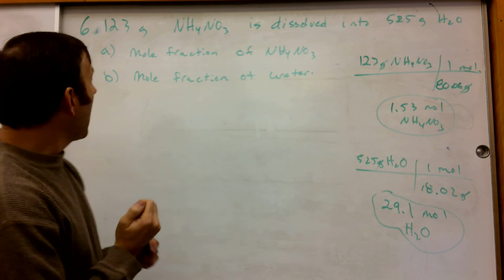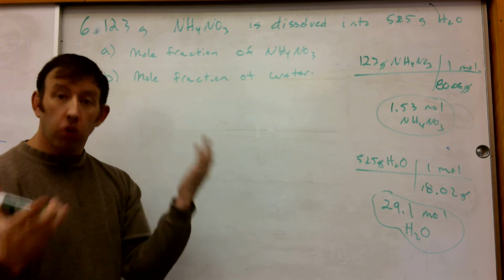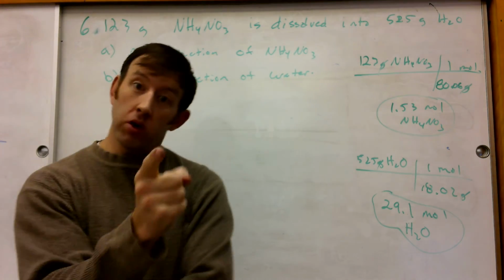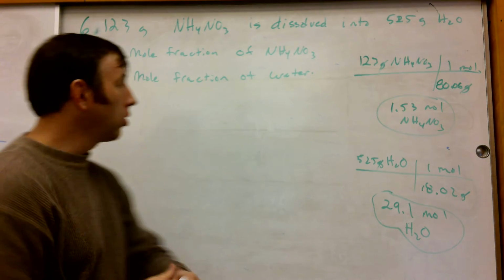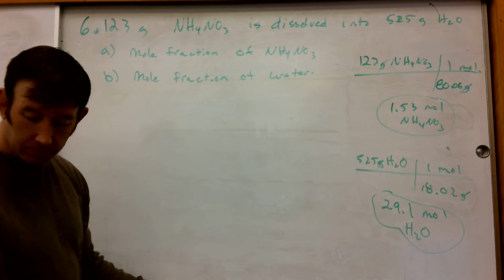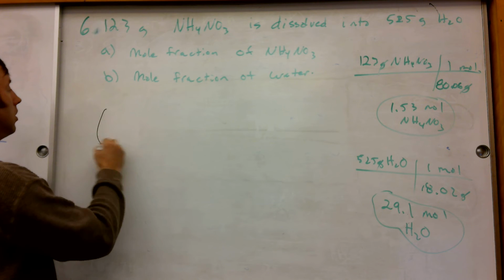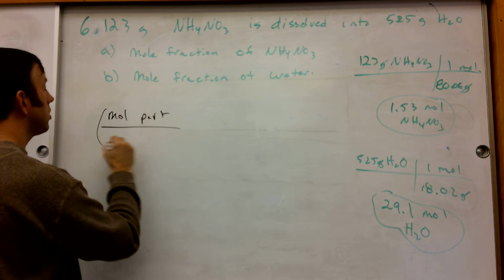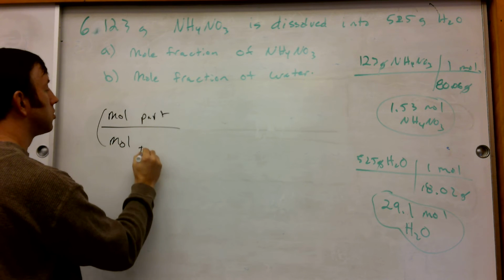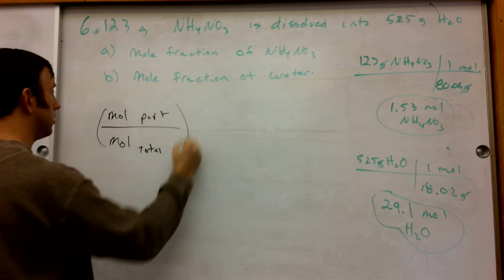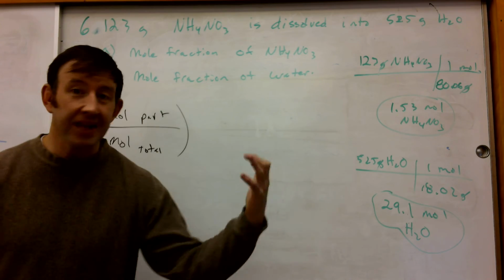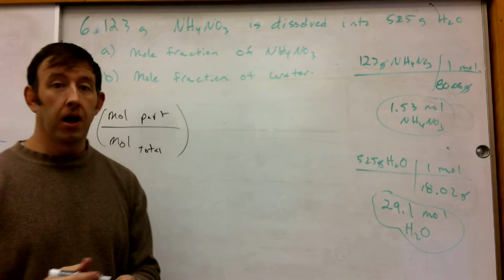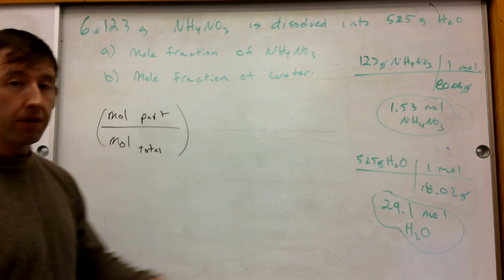So how do I set up a mole fraction equation? Now this is an equation I will give you, okay? So it is simply moles of part over moles total. All right, and you'll get a decimal. That's how easy this is, okay? How many moles do I have total?